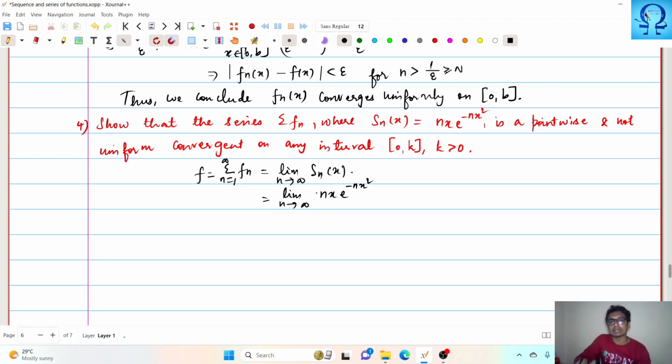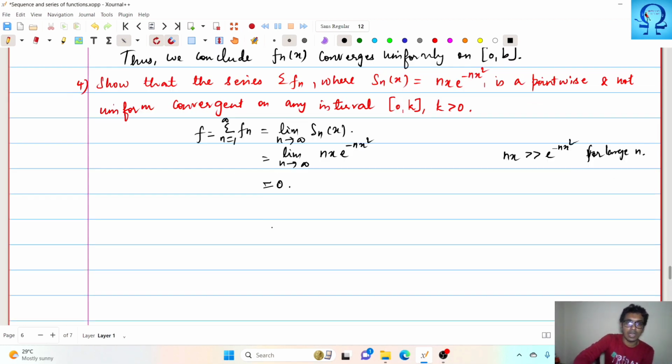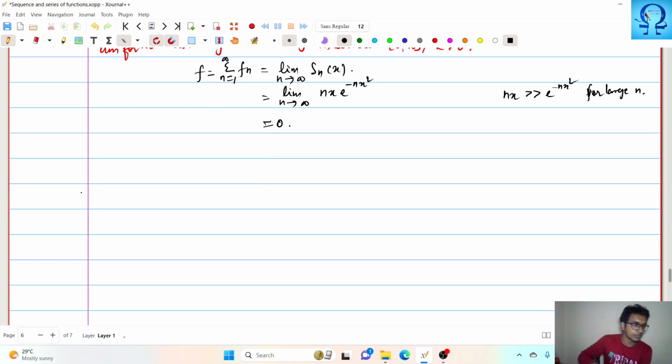So what would be the result in this case? If we observe, nx would be very much smaller than the rate at which e to the power minus nx square decays for large n. So this exponential term will go to 0 much faster than nx going to infinity. So this limit is 0. So we have a pointwise limit that is 0.